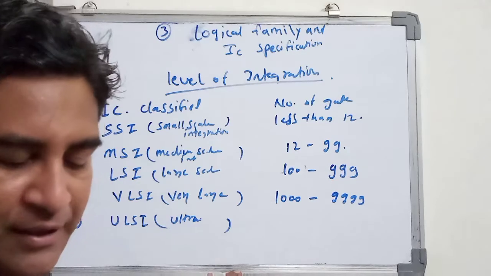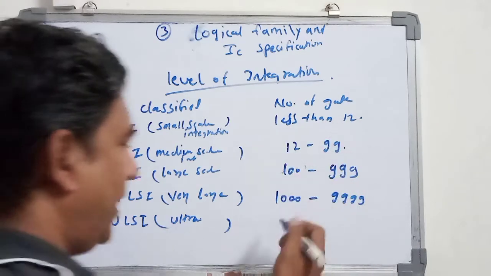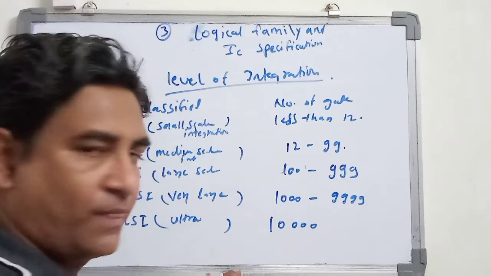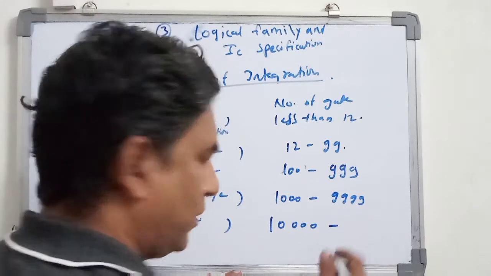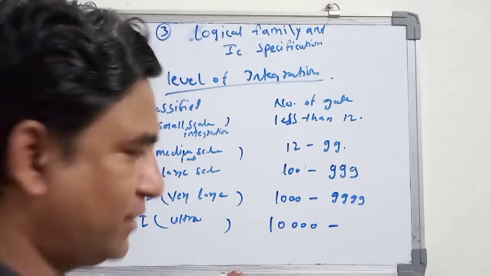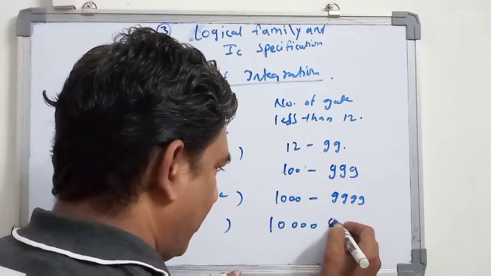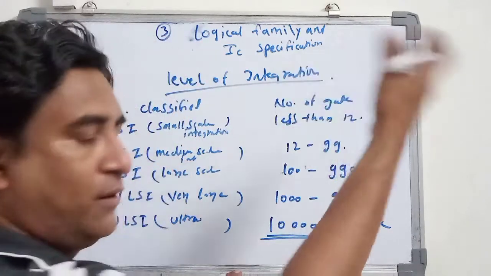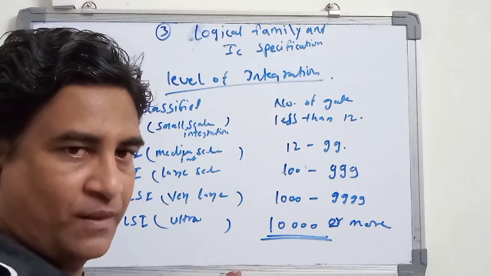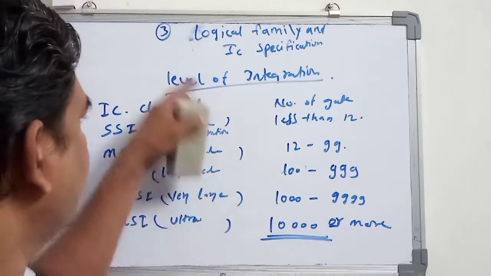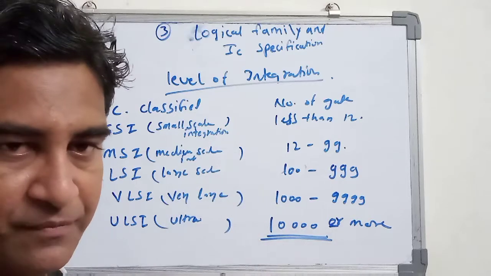In that ultra large scale integration, apart from that particular 10,000 we are going to use or more, it is a different values how the gates has been assigned. You will say or more, this more than 10,000. So there are the different number of gates which is used for this particular level of the integration.